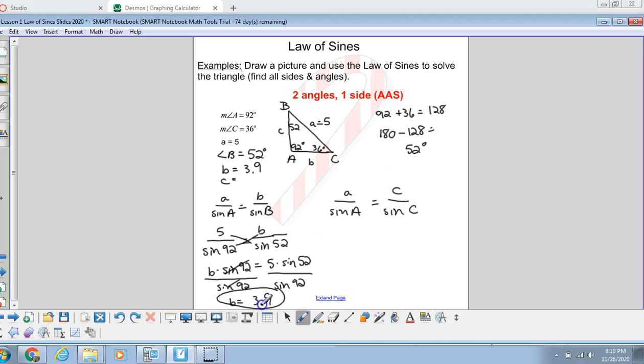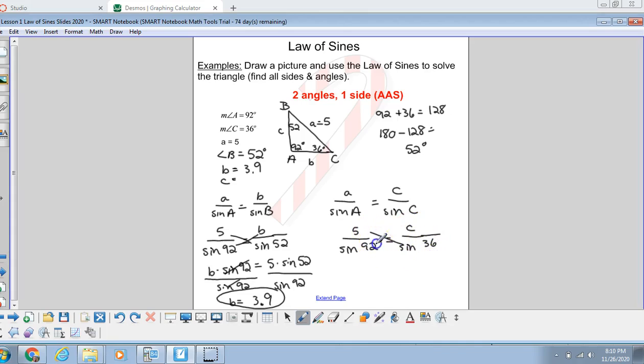If we had to, we could use that, but we have more accurate values up here with what we were given, so we want to stick with using that. So plug in again. A is 5, sine of angle A is 92, and now we're looking for C over sine of angle C, which is 36 degrees.